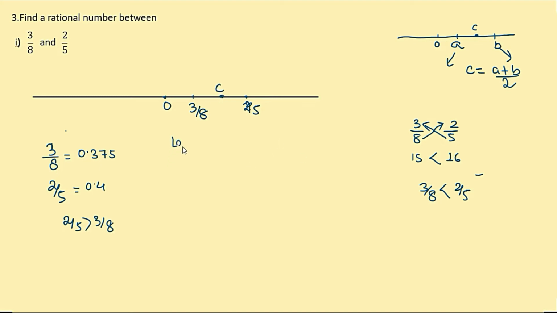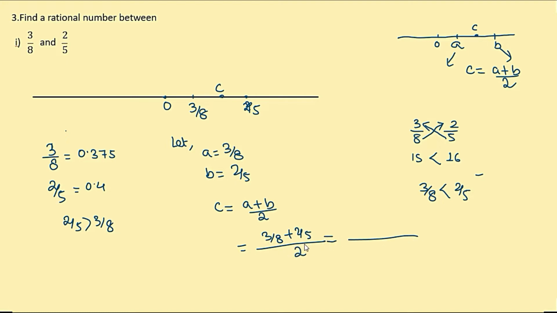So let A equal 3/8, B equal 2/5. So C equals (A plus B) by 2, that is (3/8 plus 2/5) by 2. Take out the LCM, 40.